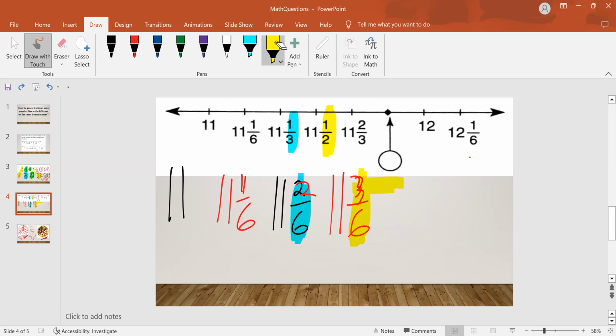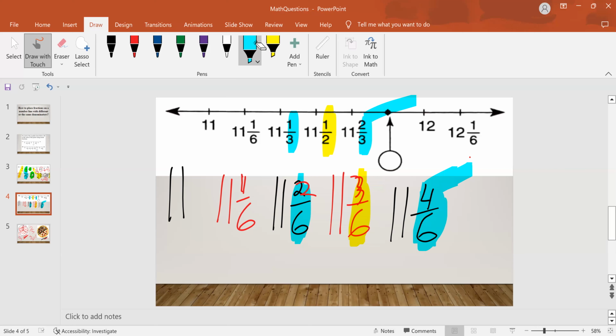After that, the next number is going to be 11 and 4 over 6, which is going to be this one here. So if you reduce 4 out of 6, you get 2 out of 3. How to reduce it? We divide the 4 by 2, that gives you 2.